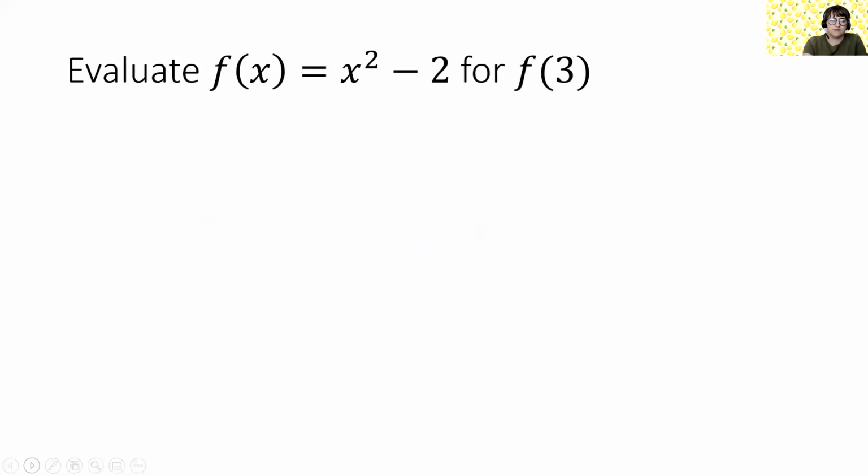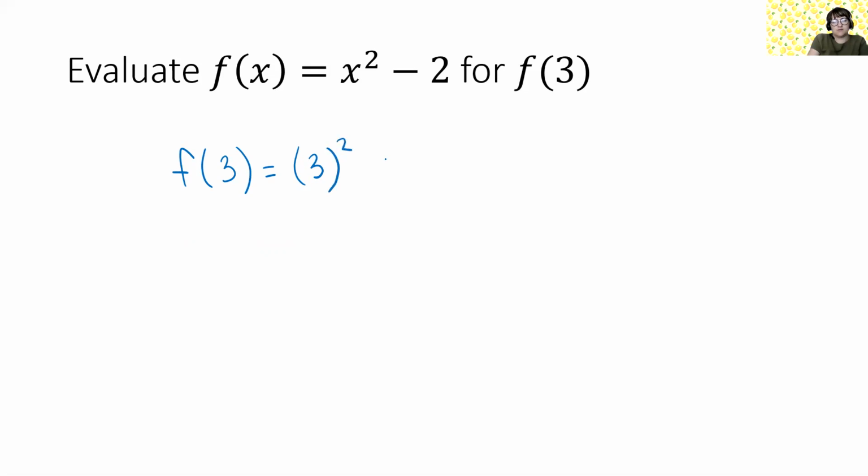Let's look at another example. So here is a nonlinear example. We've been looking at linear examples. Evaluate f of x for f of 3. Okay, so we're going to put our input here. f of 3 is equal to 3 squared.